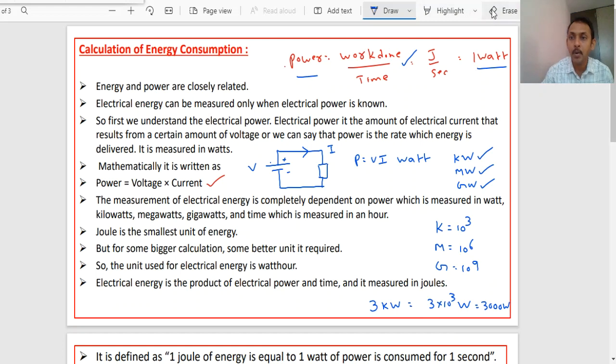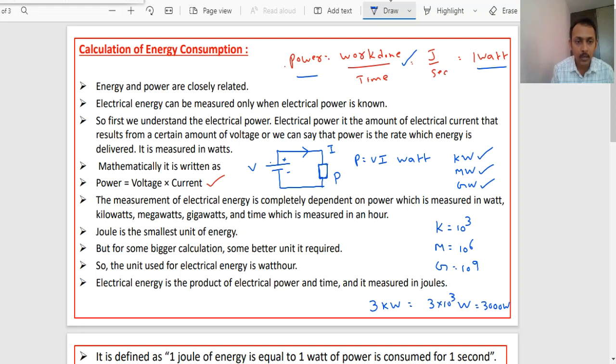Now the same power, if you are expressing it in terms of voltage and current from the electrical point of view, for example, here you have a load, dear students. For this load, an electrical load, it can be a fan or bulb or AC or refrigerator, whatever might be the equipment, depending upon its power rating, each equipment will have its own power rating.